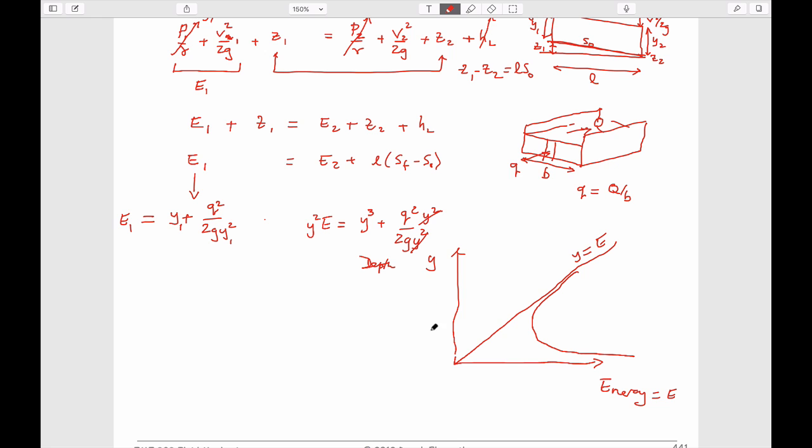And so what you can do is you can choose a flow rate. So this would be Q equals constant. And you'd end up with this quadratic term which would have a behavior that also had a part here. And if you choose any particular value of energy, then you would have 3 particular roots to it.